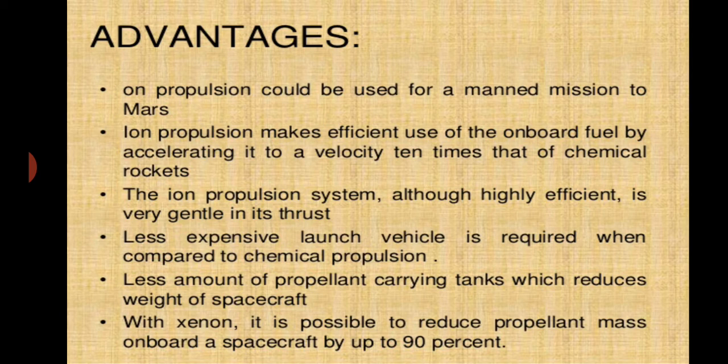A less expensive launch vehicle is required when compared to chemical propulsion. Less propellant carrying tanks, which reduces the weight of the spacecraft. And last, with xenon, it is possible to reduce propellant mass on board a spacecraft by up to 90%.